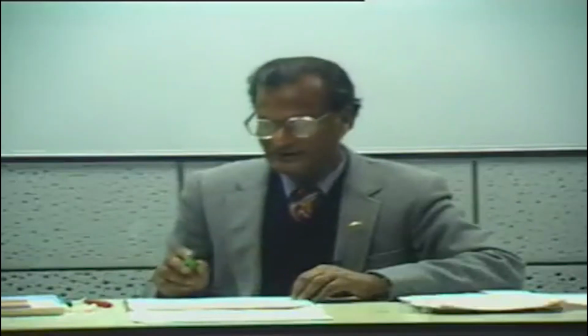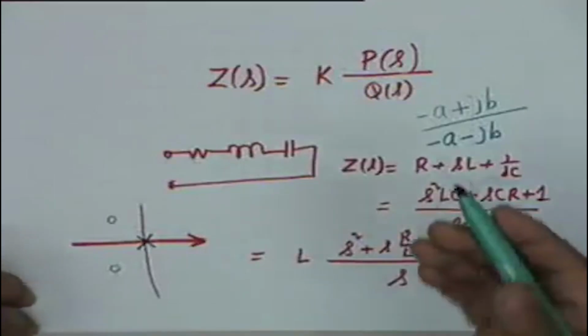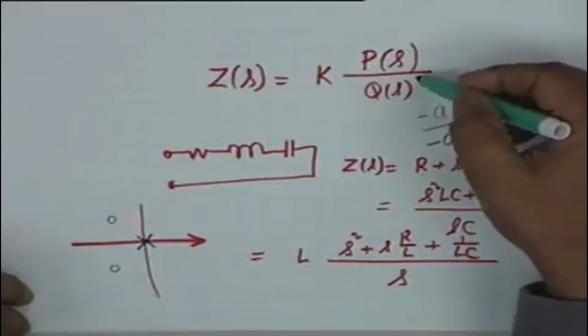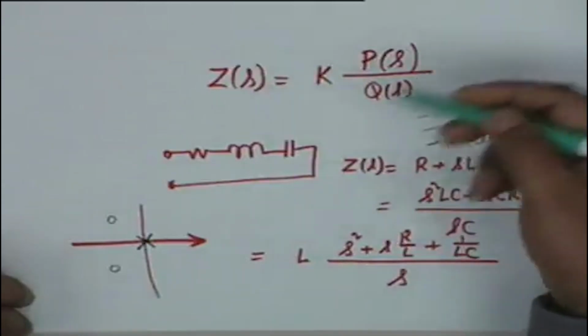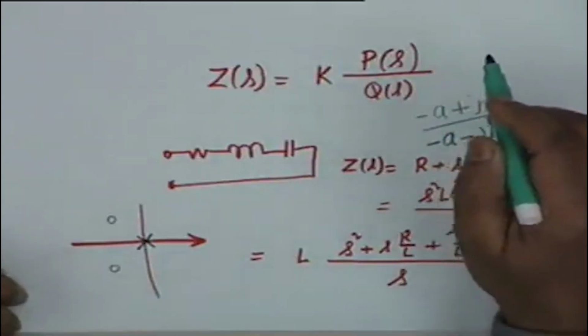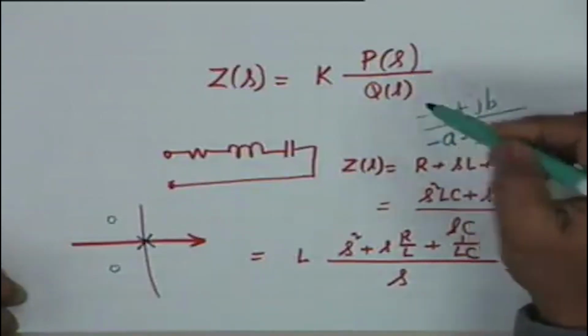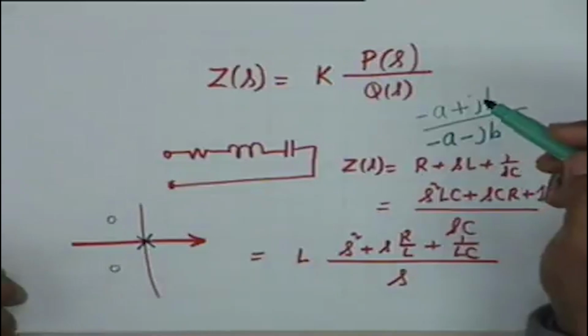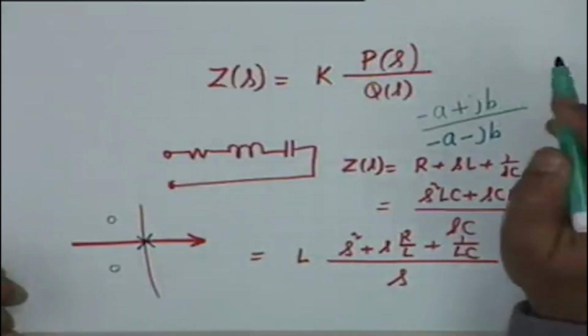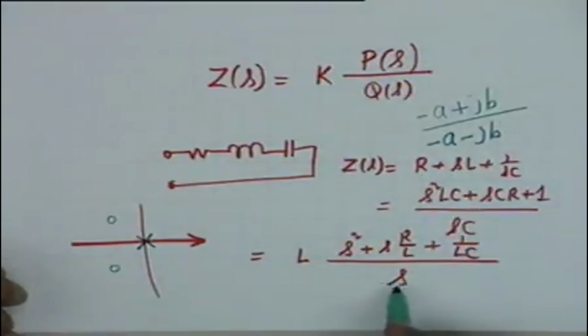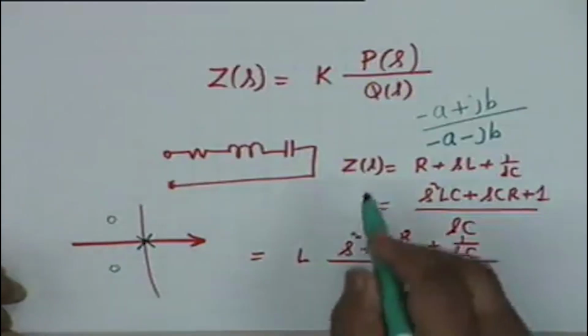Now you notice that the point that I was making is that the numerator and denominator degrees, P and Q degrees, need not necessarily be the same. They may be different, and therefore the number of poles and the number of zeros may be different. Here, for example, at s equal to 0, the impedance function blows up.